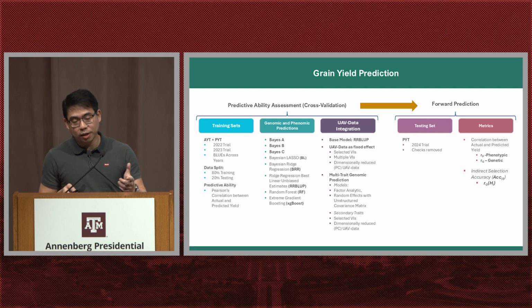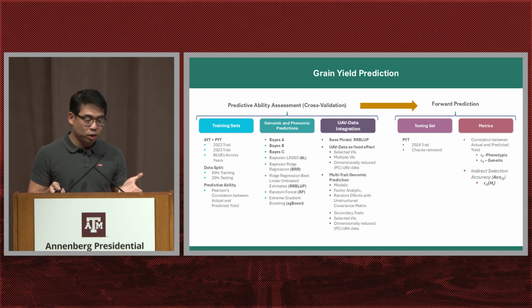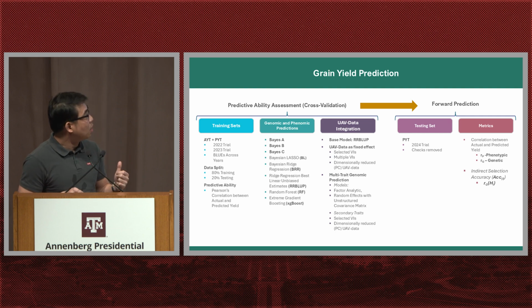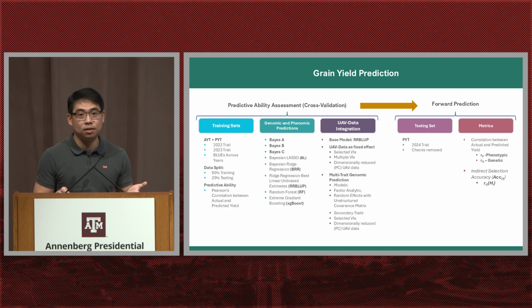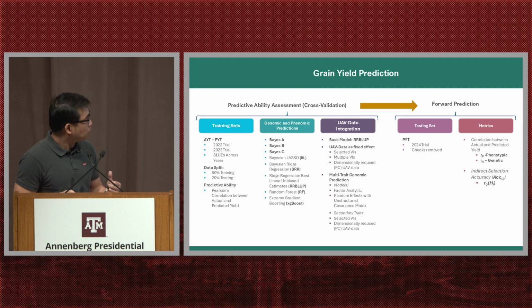Now, to start exploring UAV data integration, our base model was RBLUP, and we started adding individual VIs as fixed effects, or multiple VIs as fixed effects. To take into account the multicollinearity existing in those 30 VIs, we dimensionally reduced them using PCA and looked at what would happen if we used the PCs instead as fixed effects.